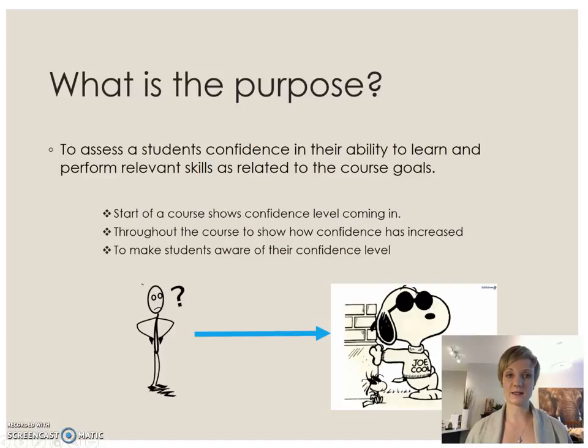The purpose of this is to provide feedback on the confidence of a student's ability to learn and perform relevant skills as related to course goals. The nice part about this survey is you can use it twofold. You can use it in the beginning to analyze what the level of confidence is coming into the course, and then you can use it throughout the course to analyze whether that level of confidence is increasing, staying the same, or decreasing.